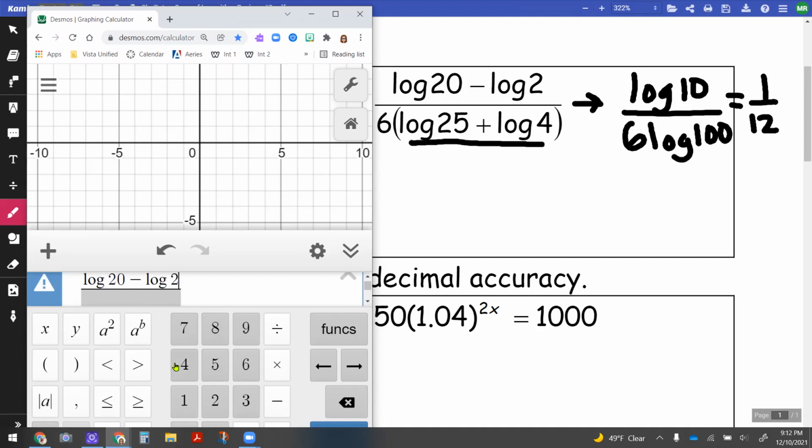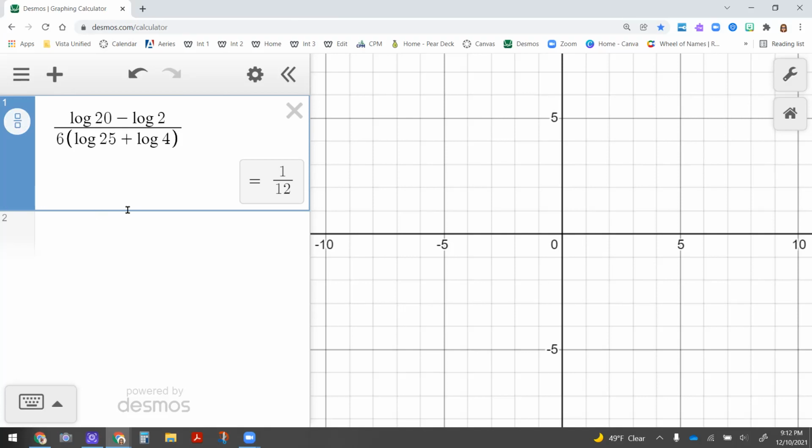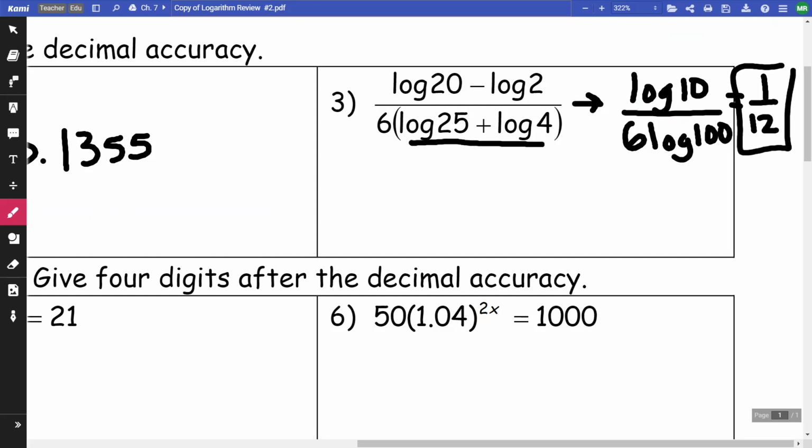Now, if I don't have a fraction bar on my calculator, I want to put parentheses around log of 20 minus log of 2. Then 6 times log of 25 plus log of 4. And you see I get 0.083 repeating. If I hit this, it'll give it to me as 1/12. Okay, so 1/12.